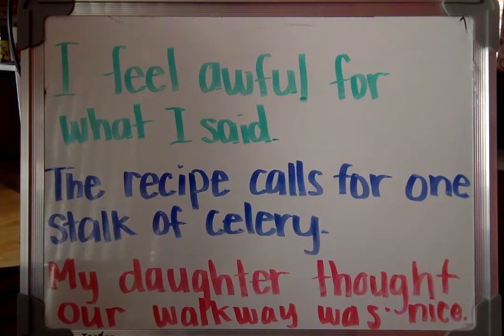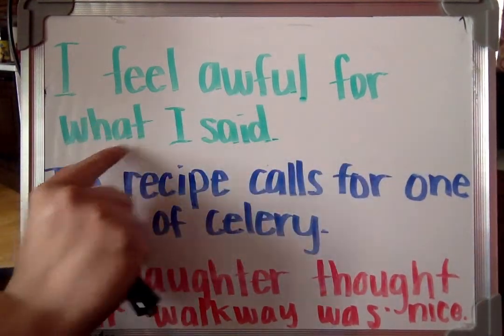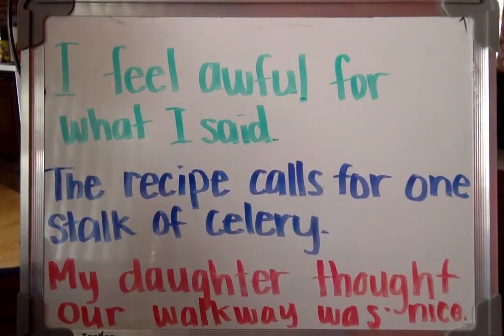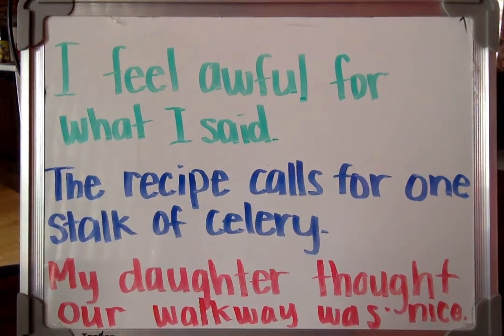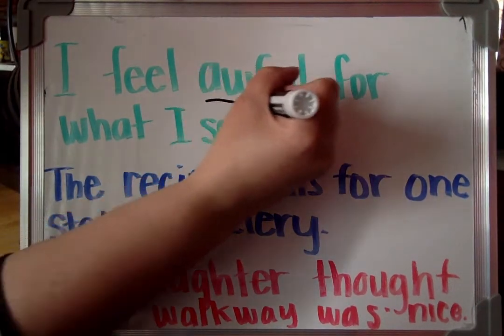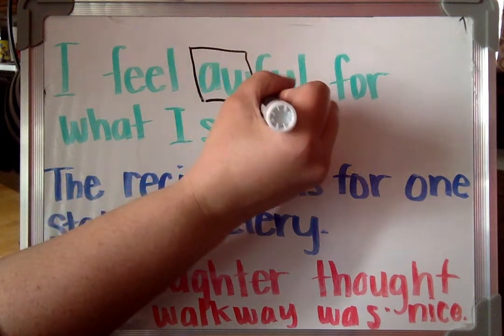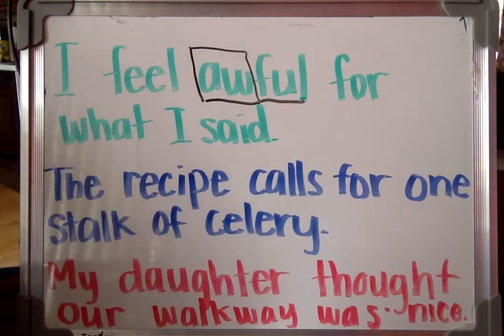The first sentence here in the green is, I feel awful for what I said. And which of those words has that sound? That would be awful. What spelling did I use? I used that A-W, okay? So I'm going to square that spelling. The spelling of "aw" is A-W for awful.